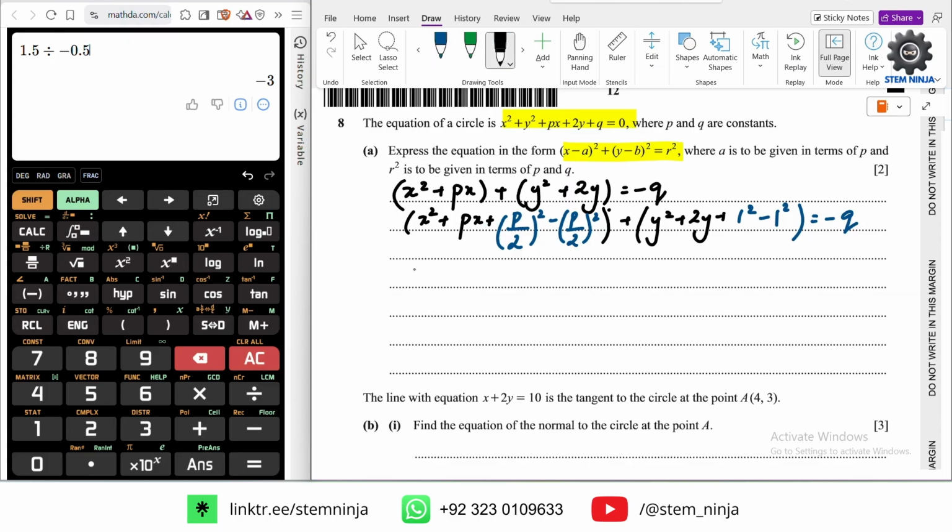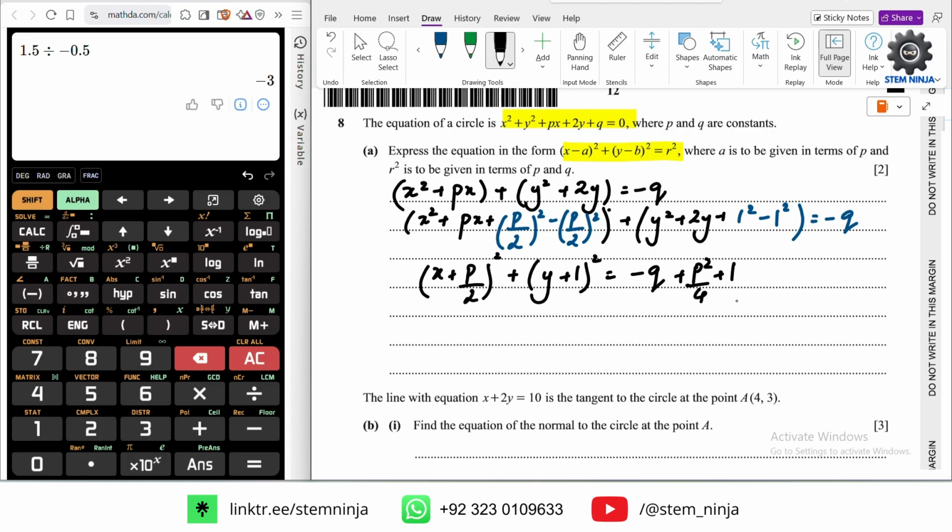Alright, so we continue. This becomes x plus p over 2 whole squared, minus p squared over 4 will go on the other side, and plus y plus 1 whole squared, equals minus q plus p squared over 4 plus 1.